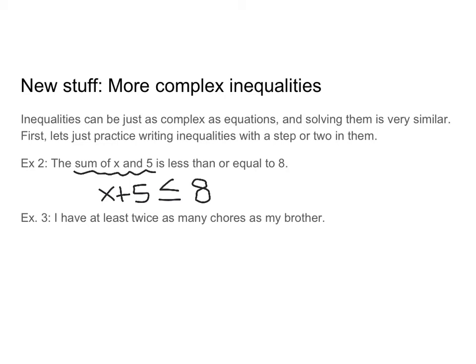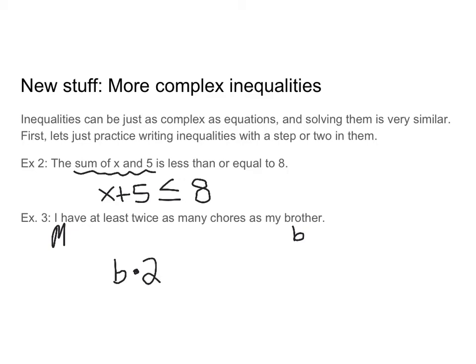So first I need to assign some variables here. So I'm going to say that my brother is B and I am going to be M. And I have at least twice as many chores as my brother. So twice as much as my brother. So my brother times 2.